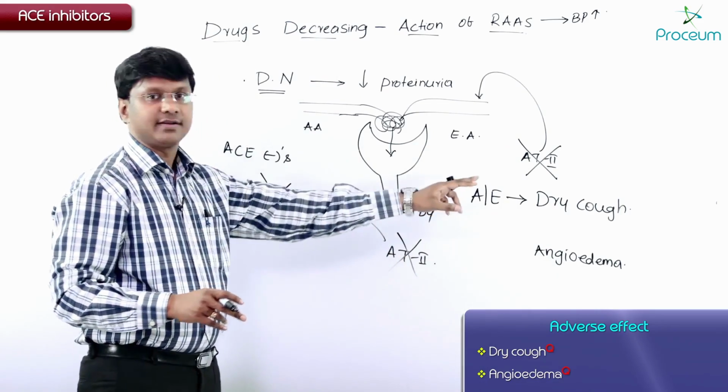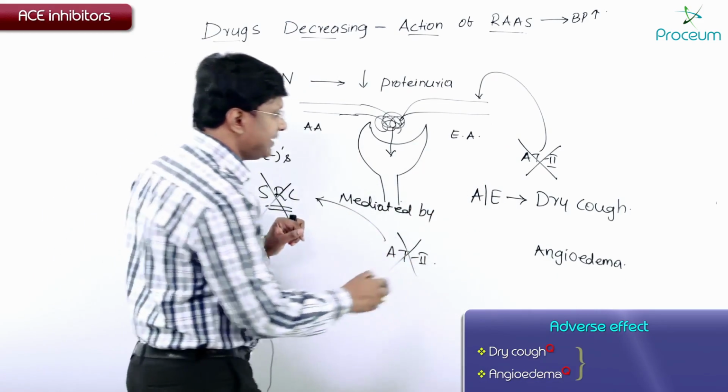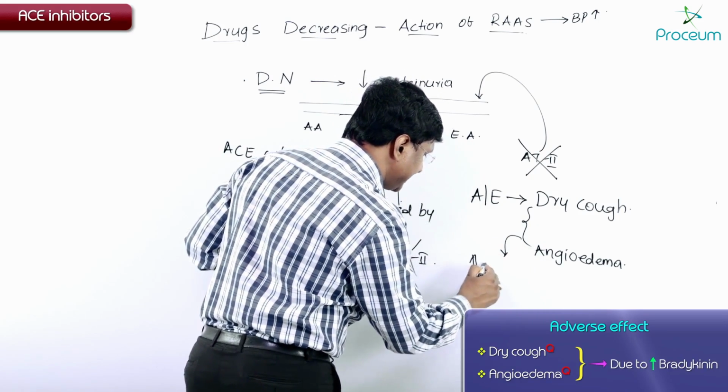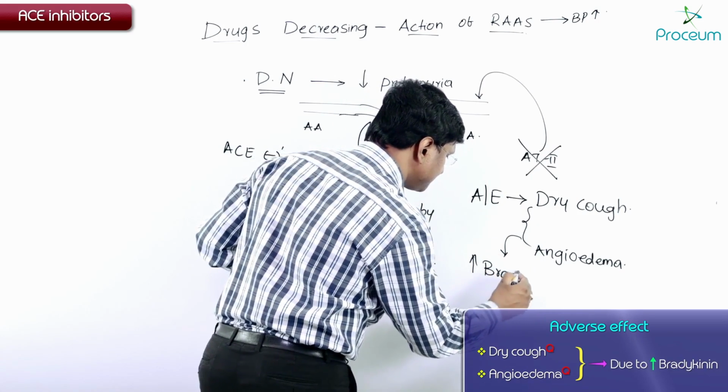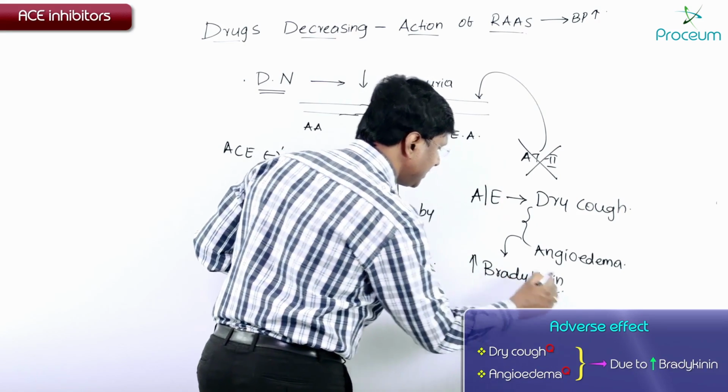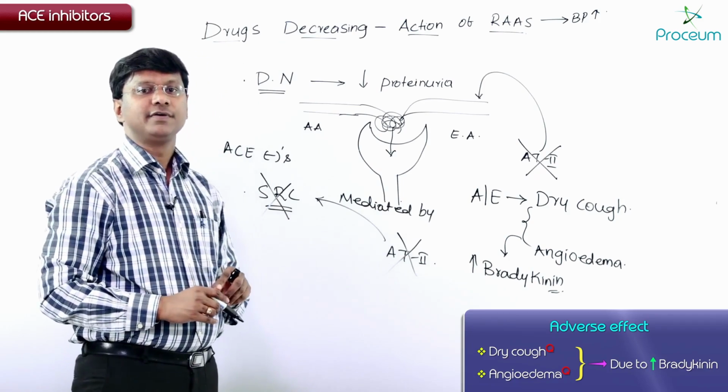Now both dry cough as well as angioedema, both of them are due to elevated levels of bradykinin. Right? They are due to elevated levels of bradykinin.